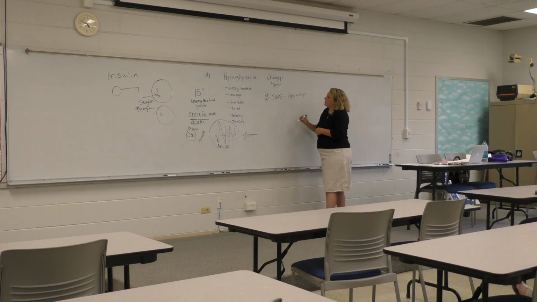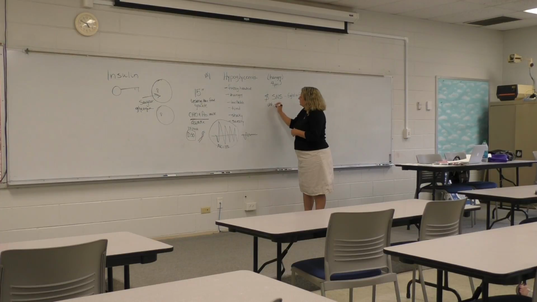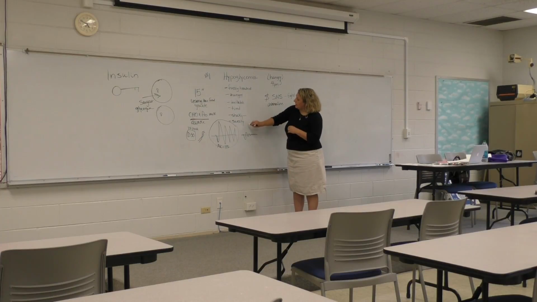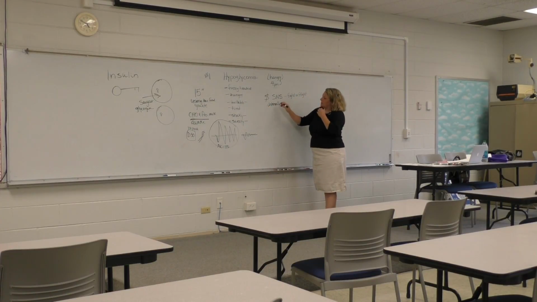So, this means that adrenaline comes out, and that's where you see you're shaky, you're sweaty, you're irritable. And what this sympathetic nervous system is doing is trying to tell everybody to open their stores of glycogen and get the sugar out.